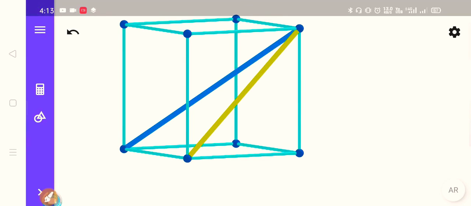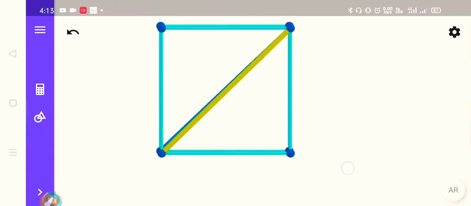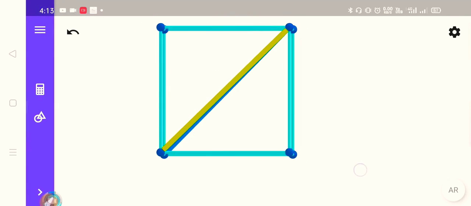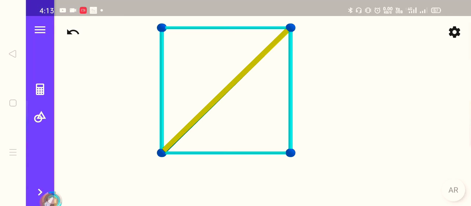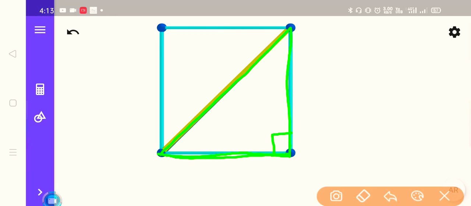Now let us find the relationship between them. If we observe from this point of view, you will notice we have a 90-degree angle here, and a triangle which has this 90-degree angle. So we can use the Pythagoras equation.